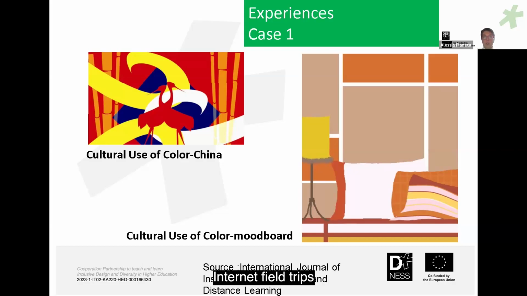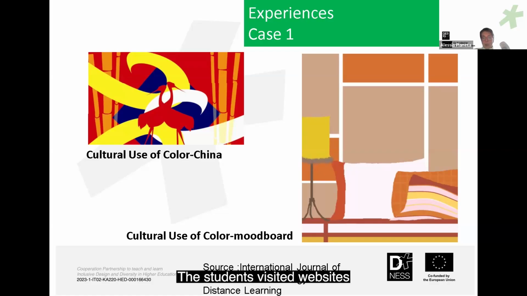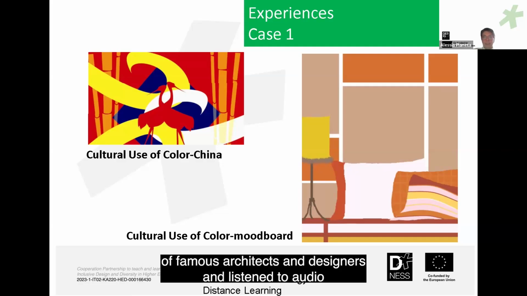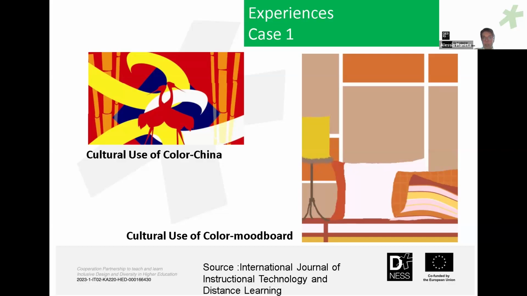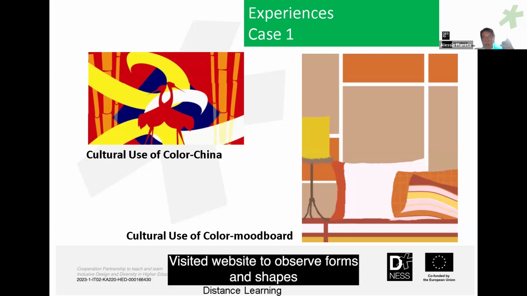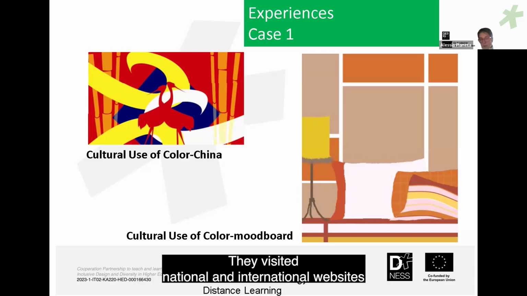Internet field trips that encourage learning through observation. The students visited websites of famous architects and designers and listened to audio clips of design concepts and philosophy. Visited websites to observe forms and shapes used in real-life application in the design field, of course.